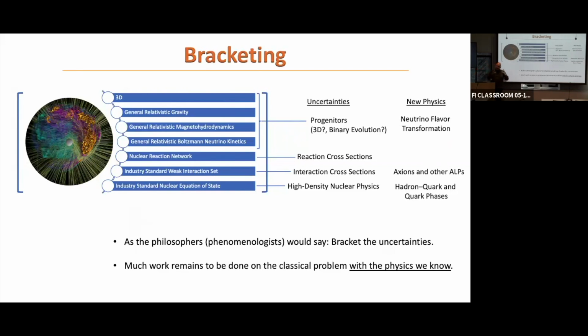So if I have a spherical progenitor, and if I, for example, perturb that progenitor, say informed by 3D modeling, then I have these structures within the progenitor. It's been demonstrated that if you have structures within the progenitor that break spherical symmetry, they will enhance the growth of the instabilities, convection and the SASI, that aid in the neutrino shock reheating.